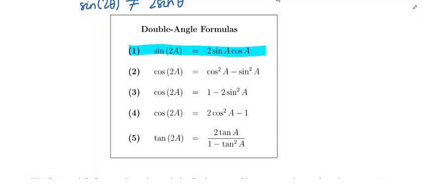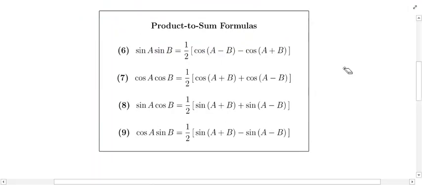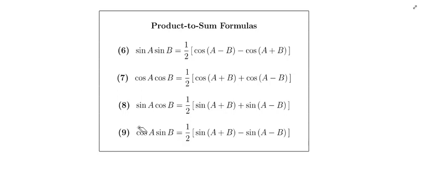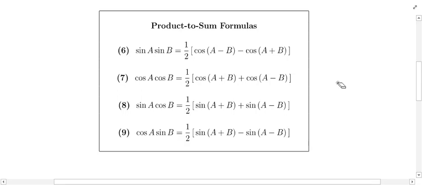So this newest batch, the product to sum formulas, starts the numbering at 6. These will be 6 through 9, and then we'll get to another set that will pick up with equation 10 and so on, just in case I have to refer back to any particular equation.